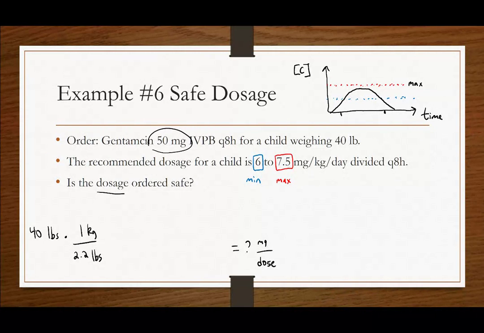We may include the minimum as well for some calculations, just to make sure that we are having the appropriate effect. But for this calculation, we'll just look at the max and make a comparison to our order. So what that tells me is that I need to be considering the 7.5 milligrams per kilogram day calculation like this. Again, this is spread out every 8 hours.